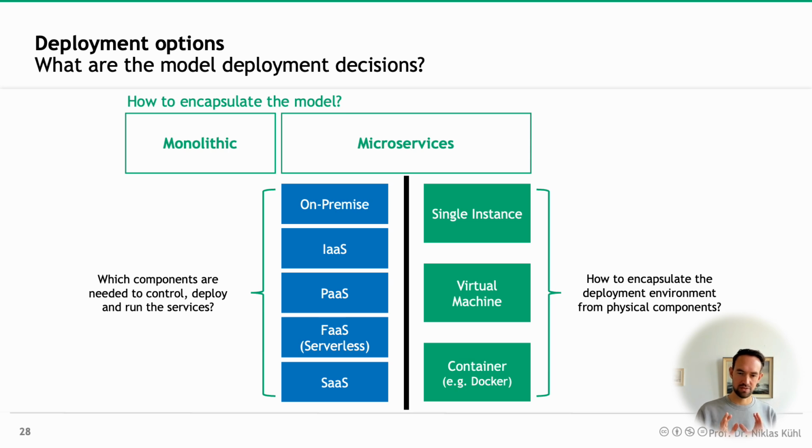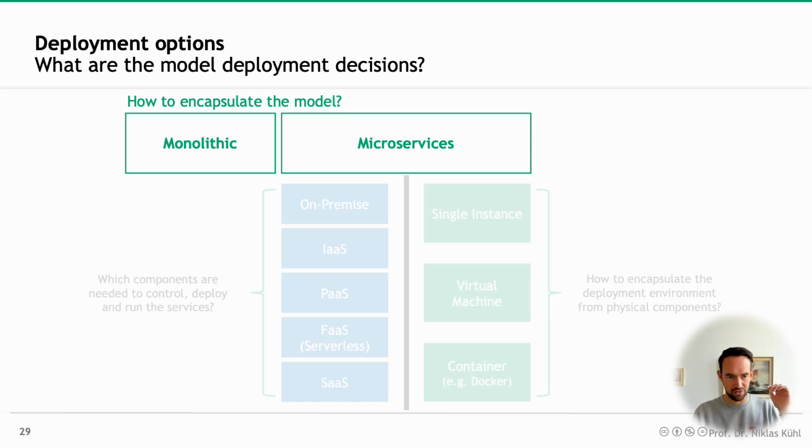And when it comes to microservices, we need to ask two questions. The one is, which components are needed to control, deploy, monitor, and run the services? And then you have a bunch of different cases here that we go through. And the other question that you might want to ask is, how do you encapsulate these deployment environments from the physical components, from the hardware? How do you detach that?